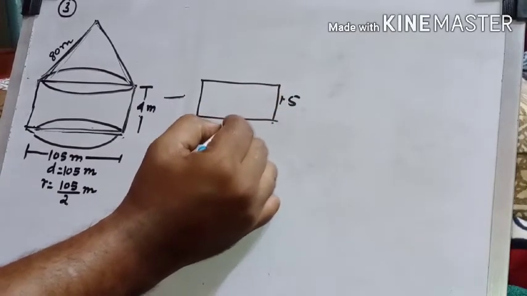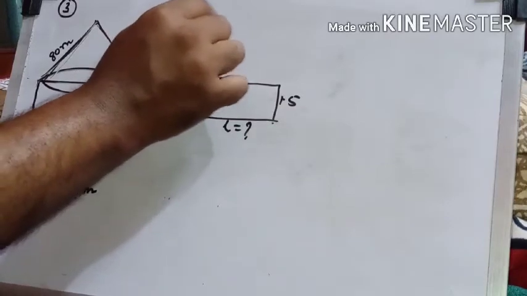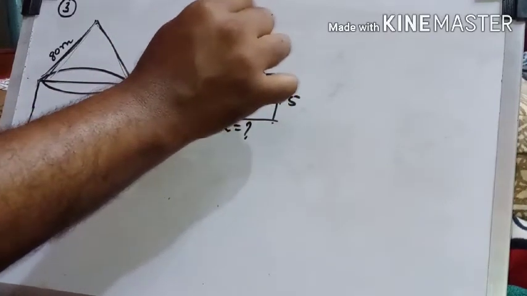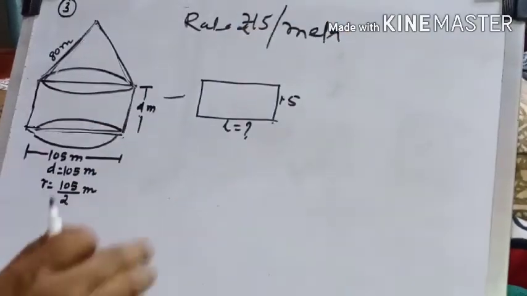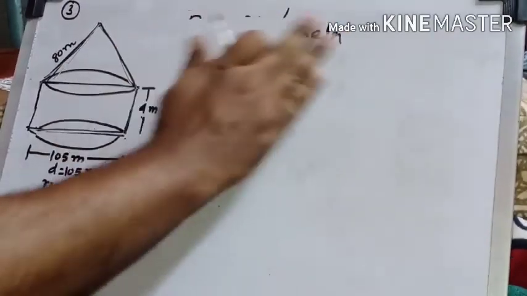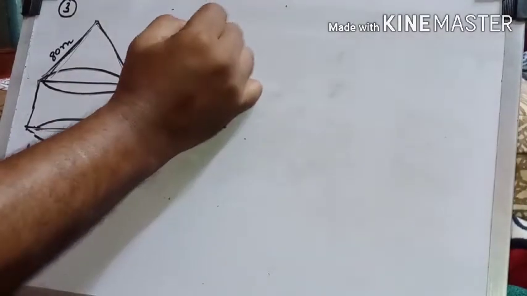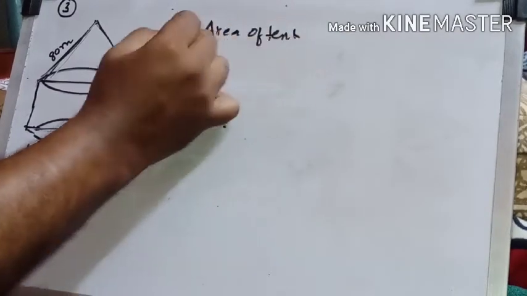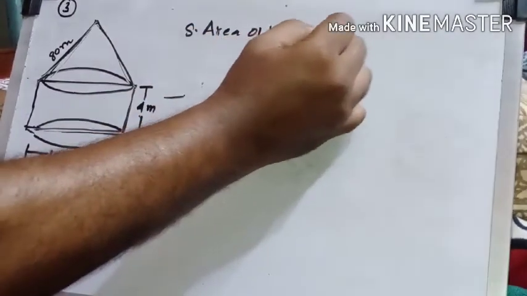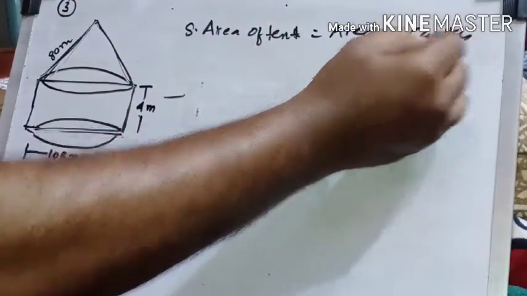And length you have to find out, and rate is given 15 rupees per meter. So what we'll do, we'll equate the area which we have calculated as the area of canvas. So here we'll write surface area of tent is equal to area of canvas, and canvas area is how much?